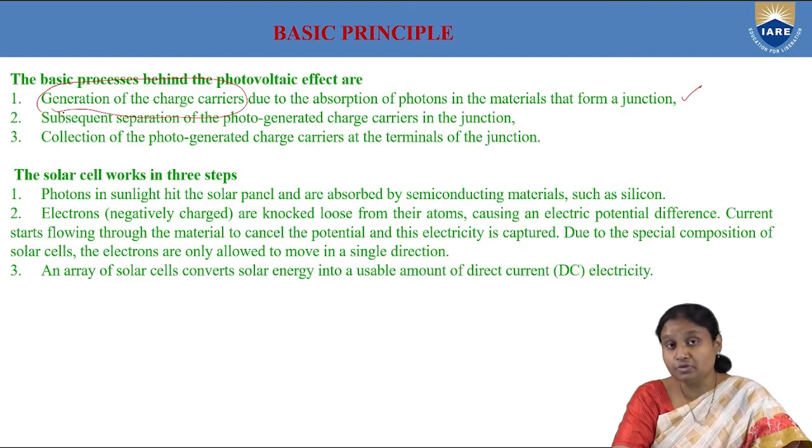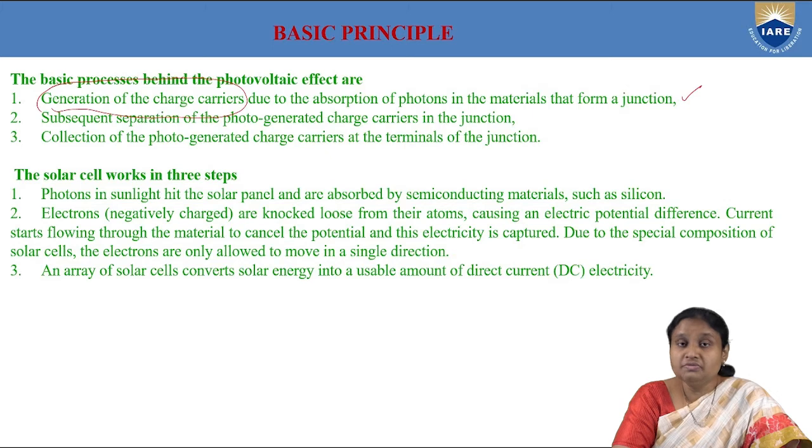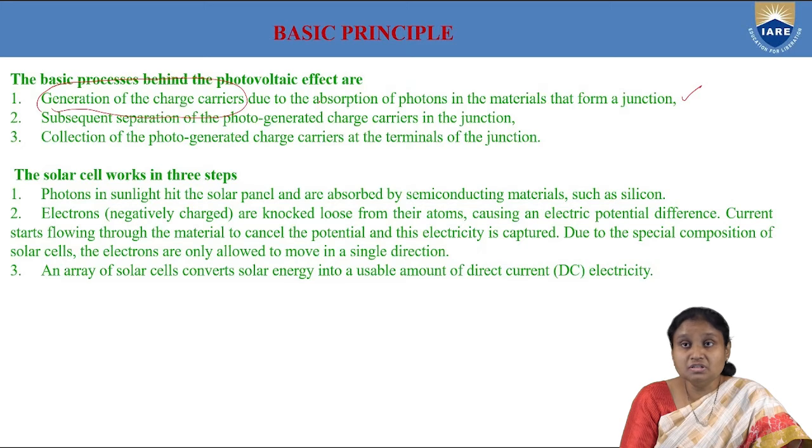When immobile negative ions move onto the p side, it gives us electrons, whereas when immobile positive ions move onto the n-type, it gives us holes. So there is generation of electron hole pairs because of sunlight, which gives us photons. Because of absorption of photons in the material near the junction region, we have generation of charge carriers. This is the first step involved in a solar cell.